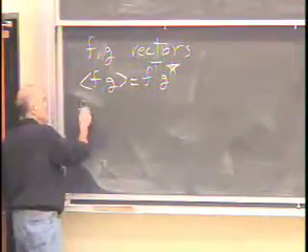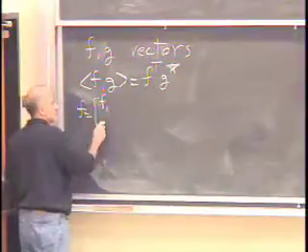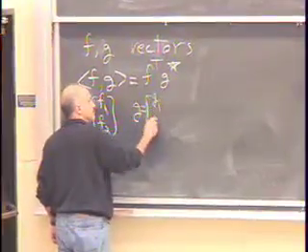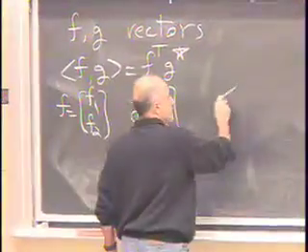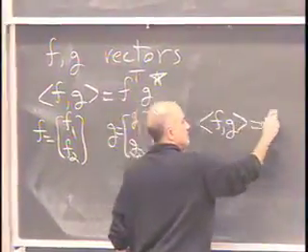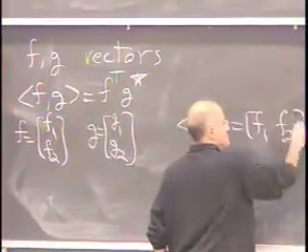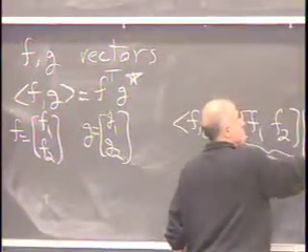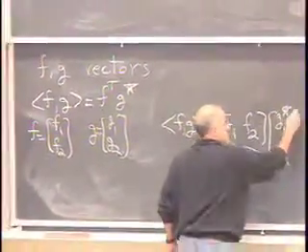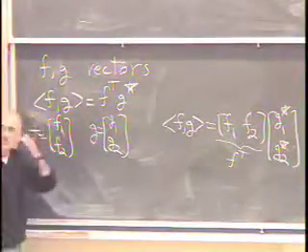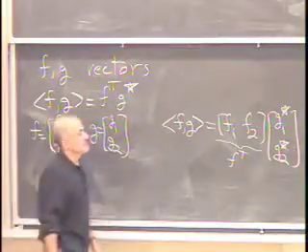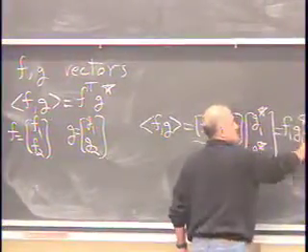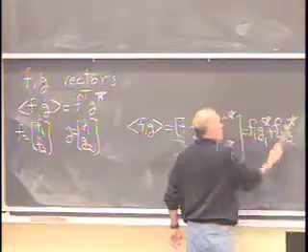Let's say f has two components and g has two components. Then this is f transpose times g complex conjugate. The complex conjugate of a vector is the vector of its complex conjugates, so every entry gets complex conjugated. And so what you have here is f1 g1 star plus f2 g2 star.